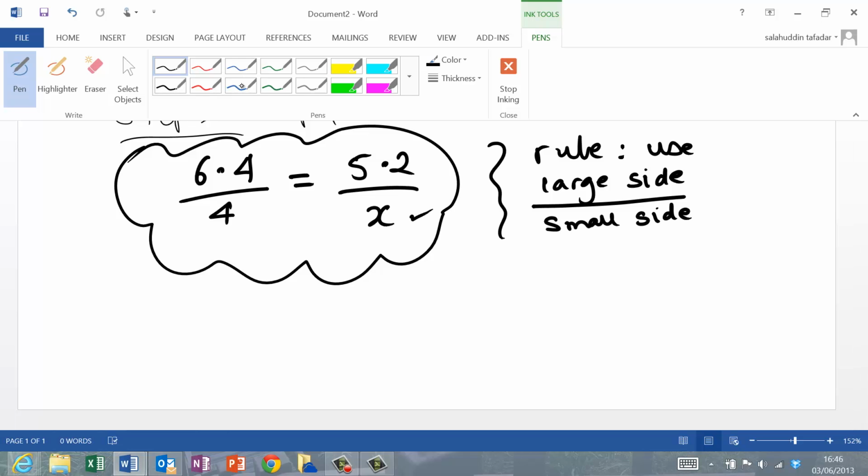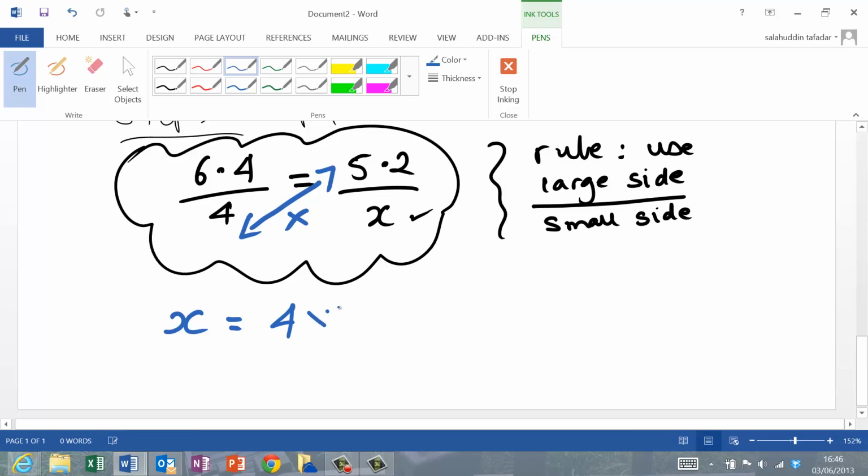To do this, you can cross multiply the 4 with the 5.2 and then divide by 6.4. I'm going to take the x to the top and bring that 6.4 down, and this is what I end up with: x is equal to 4 times 5.2 over 6.4.